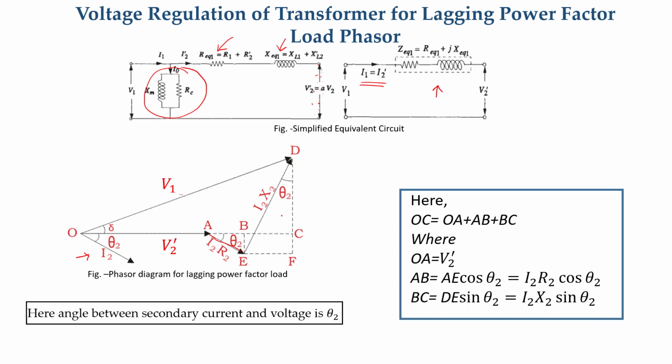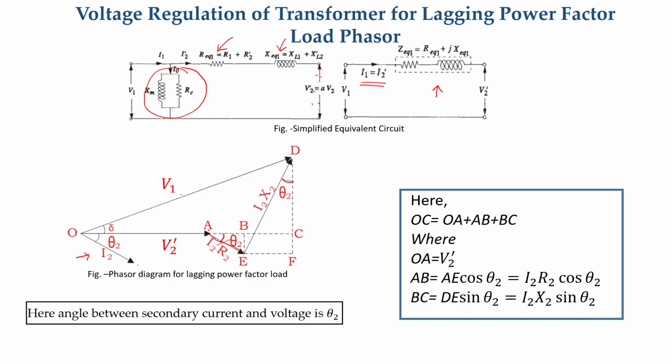And I2jX2 is perpendicular to the I2 phasor. You can see the angle theta 2 here, and this angle is also theta 2, and this angle is also theta 2.